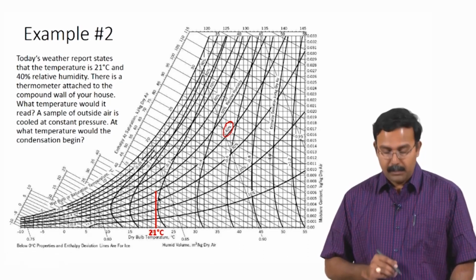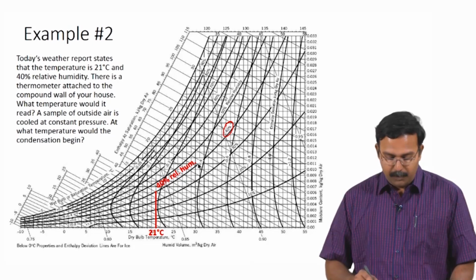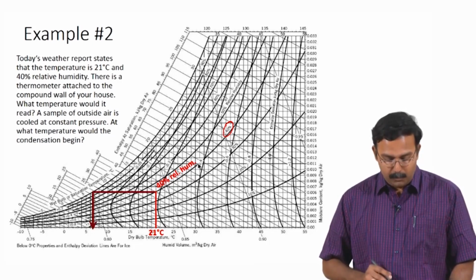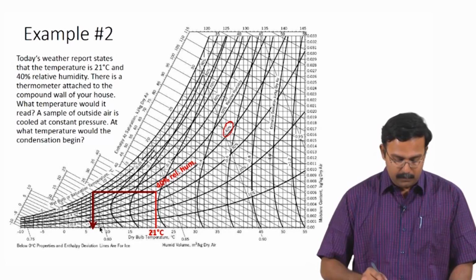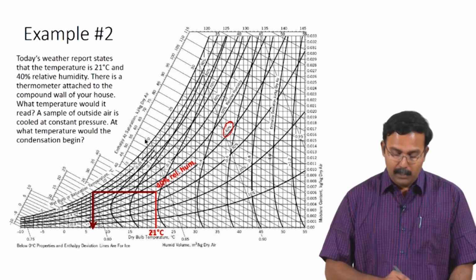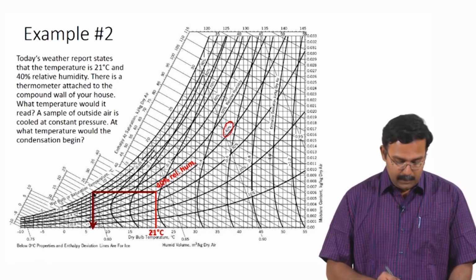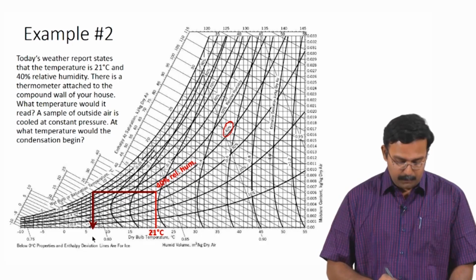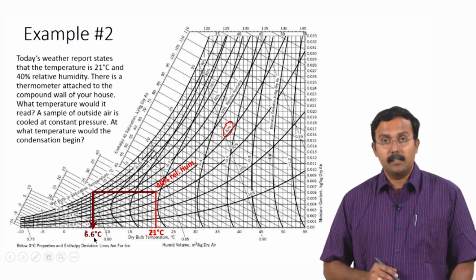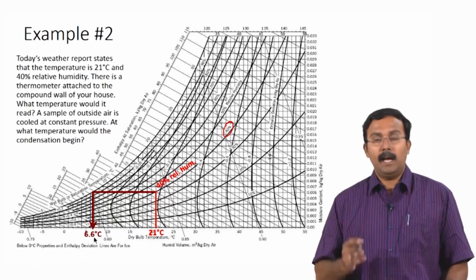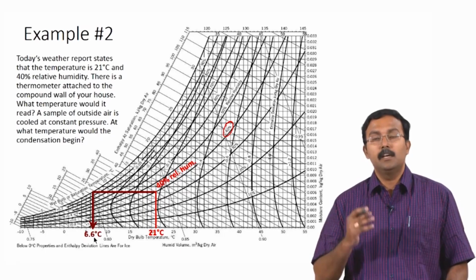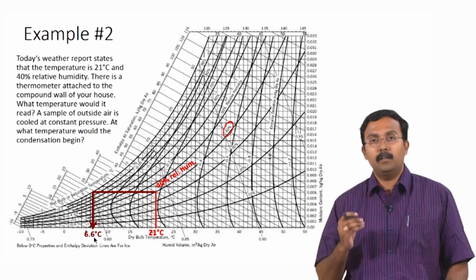From the 40% relative humidity I now have to calculate the dew point, which would be along this curve. So, I move to the left using a horizontal line all the way to the saturation curve, and I can identify the temperature here or the temperature below, and the value is roughly 6.6 degrees Celsius. So, if this air water mixture is cooled from 21 degrees Celsius to 6.6 degrees Celsius, you would have the first droplet of water forming.